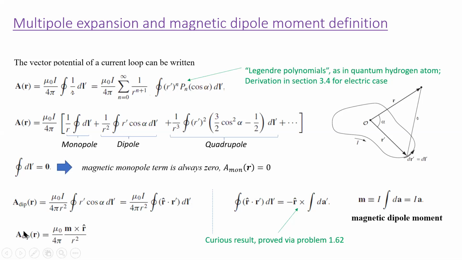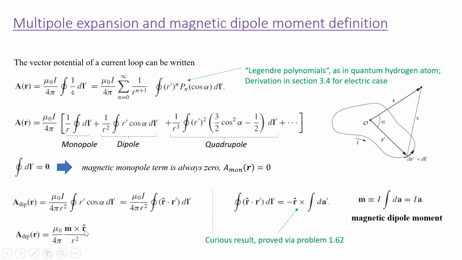Okay, so that allows us to write the vector potential in a nice form, where we have, let's see, we bring the I from here over here, so we have I dA prime, which is M, our newly defined magnetic dipole moment, M. Then we have minus R cross M, but minus R cross M is the same as M cross R, because when you switch the order of a cross product, the sign changes.